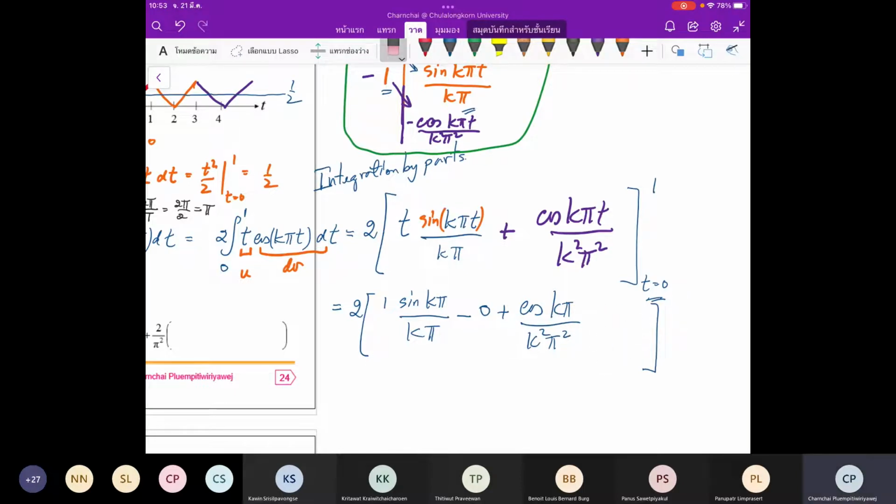How about we write this minus cosine of 0 over k squared pi squared.